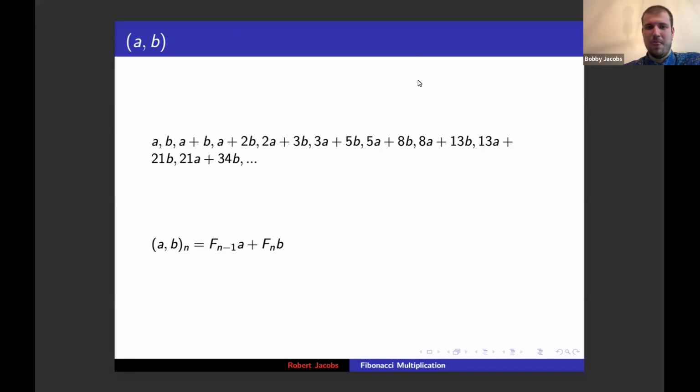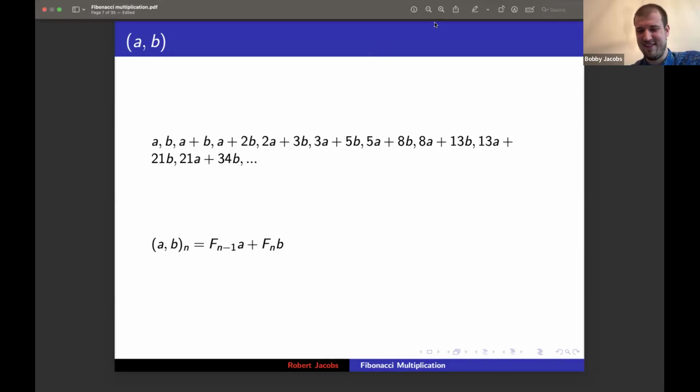So then we get the sequence A, B, A plus B, A plus 2B, 2A plus 3B, 3A plus 5B, 5A plus 8B, 8A plus 13B, 13A plus 21B, 21A plus 34B, and so on. You might notice that the coefficients of A and B are Fibonacci numbers. And so, in fact, (A,B) of n is F(n minus 1) times A plus Fn times B. That's a cool formula.